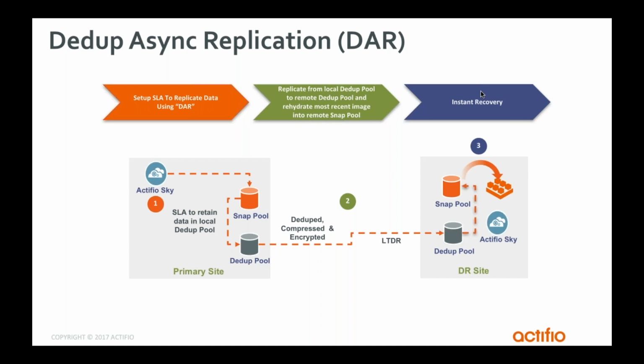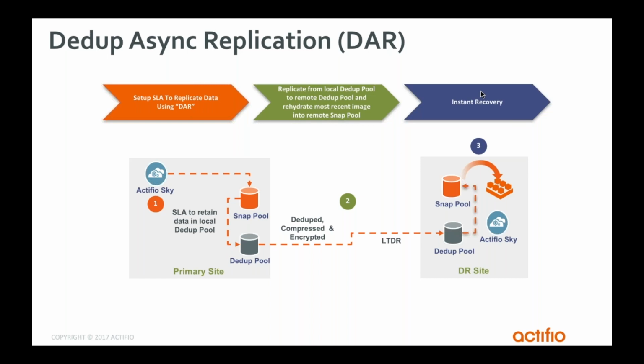The key thing to remember with dedup async is that we do go through the dedup pool to dedup pool stage and then rehydrate at the other end. That ensures that we have a full up-to-date copy of the data readily available at that second site.